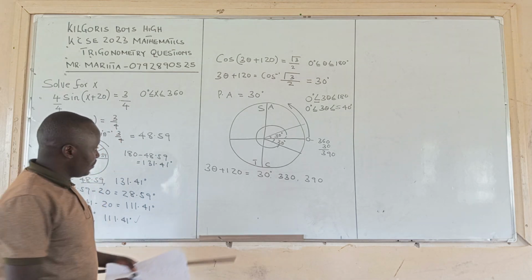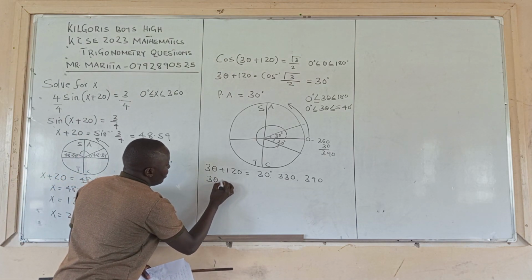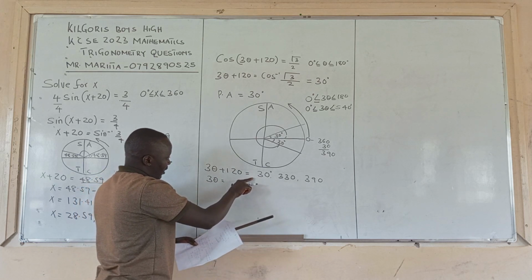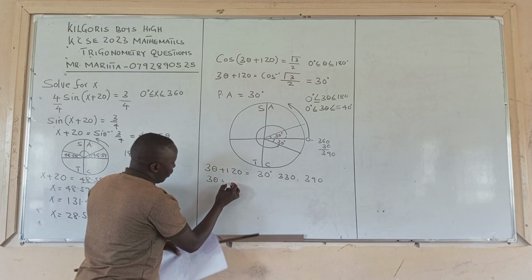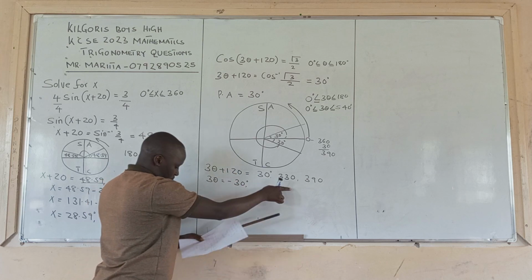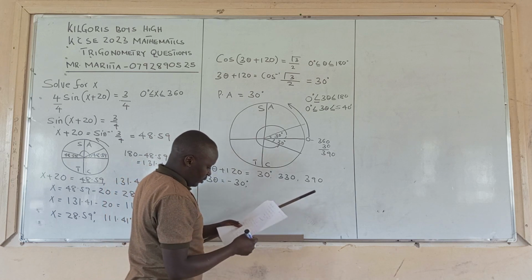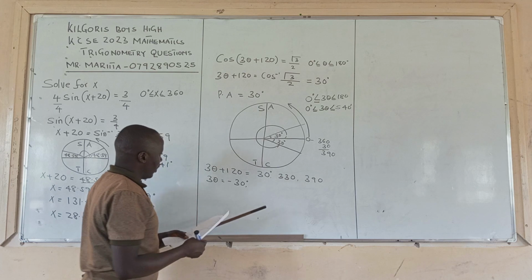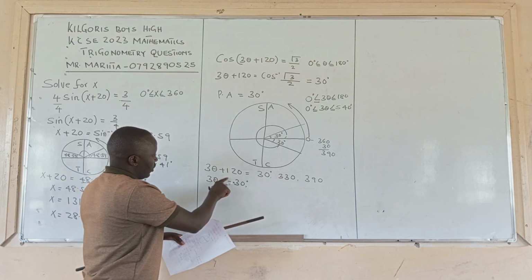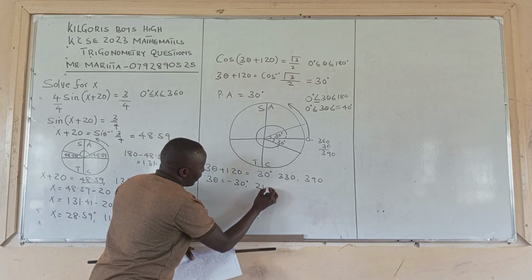Then from there, solving for theta, we have that 3 theta is equal to, if you take this 30 minus 120, this one is giving us negative 90 degrees. Then we take this one on this side, we subtract, so we have this one as 210.